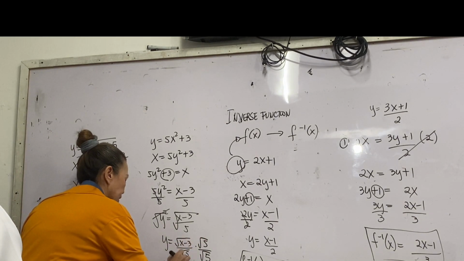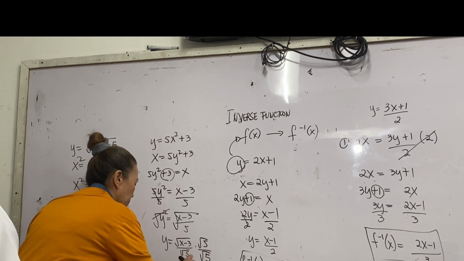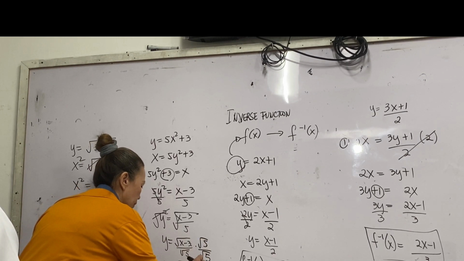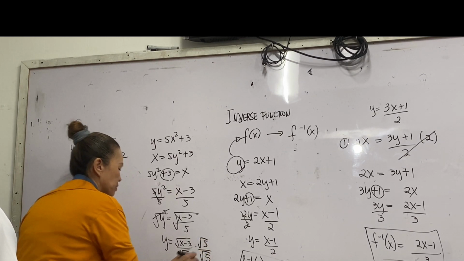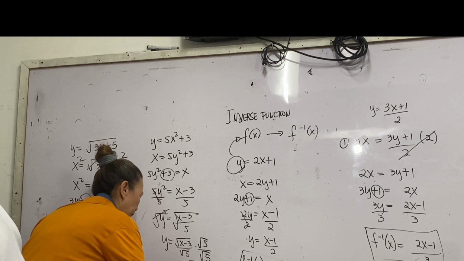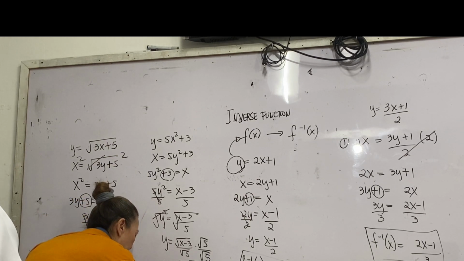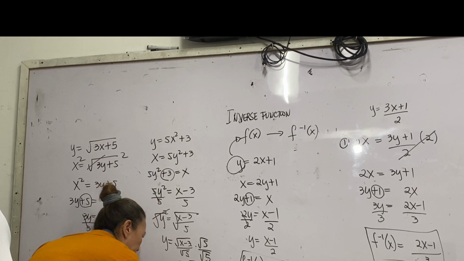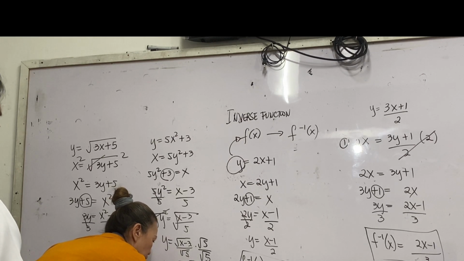Okay, so we have y is equal to 5 times x, 5x, minus 3 times 5, 15. 5 times 5, 25. What is the root of 25? 5. Kaya ang final answer ay f raised to negative 1 of x is (5x minus 15) all over 5. Ayan po.